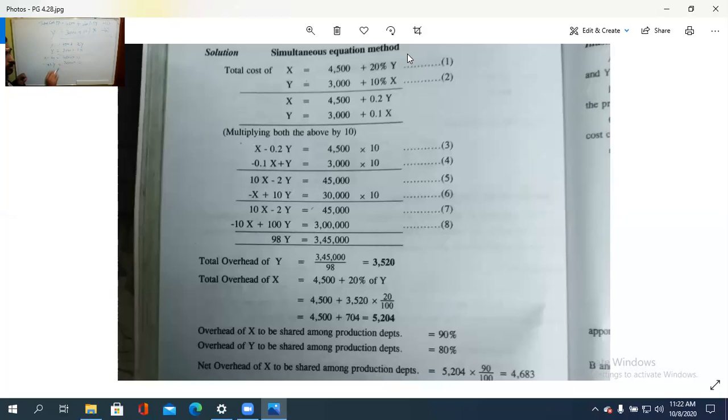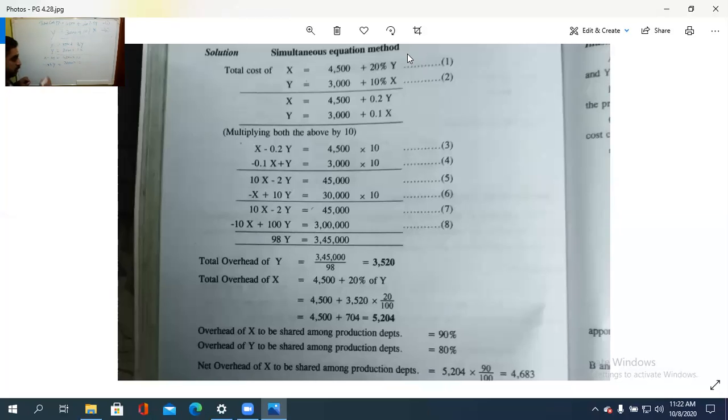So x minus 0.2y is equal to 4,500 into 10, and this is to be coming here. So the minus comes to this side. This is the positive and this is the negative. So minus 0.1x plus y is equal to 3,000 into 10.